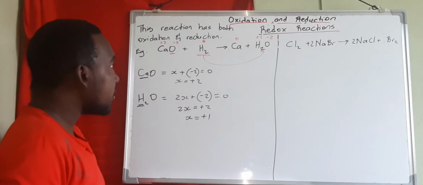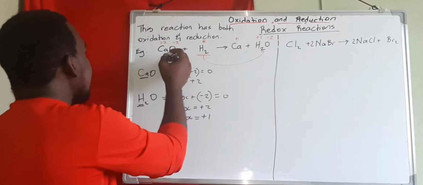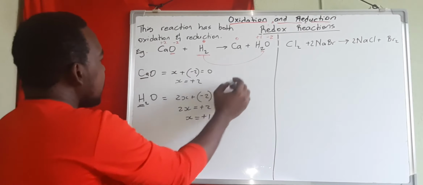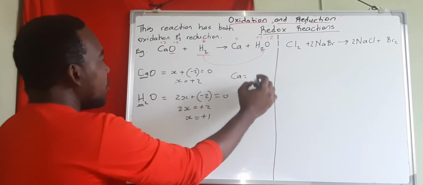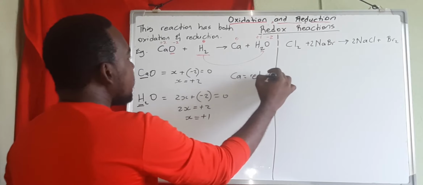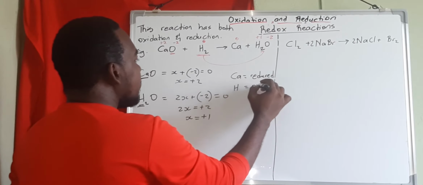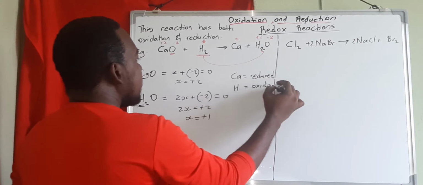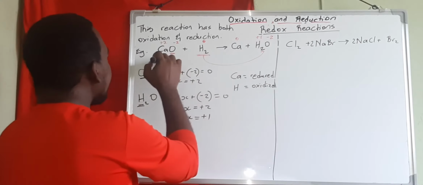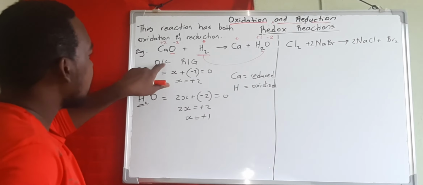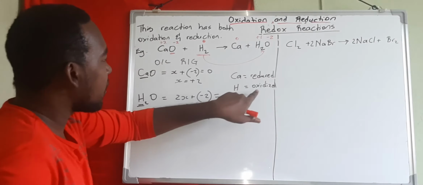So that's how we know that calcium would be reduced, and the hydrogen would be oxidized, because remember, we're using OIL RIG.